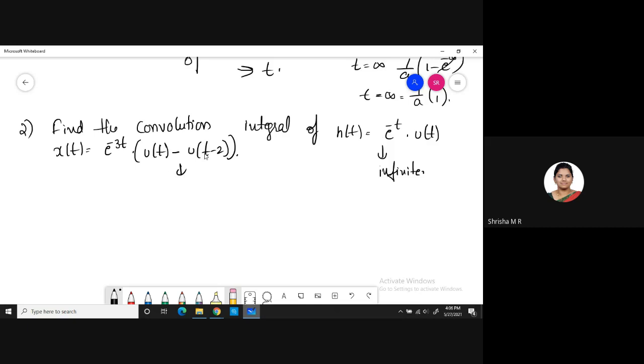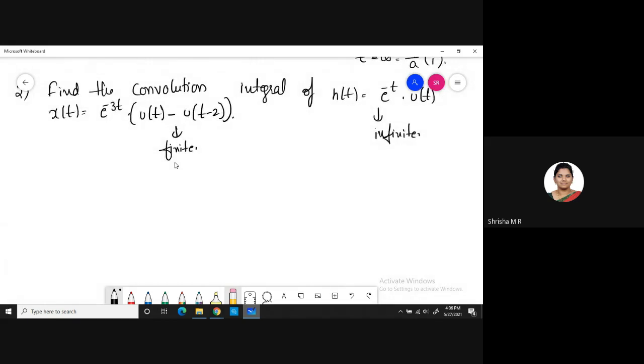You have u of t minus 2 into e power minus 3t. It's a finite sequence, ma'am. u of t minus 2 will be a signal from 0 to 2 with an amplitude 1. That into e power minus 3t will be finite only.